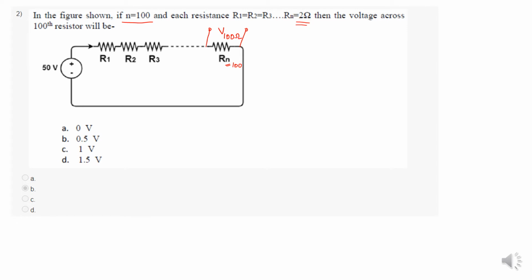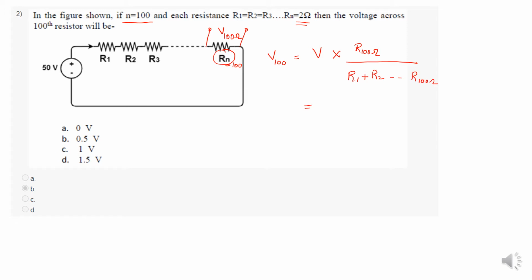So V100 is equal to, here I have to use the voltage division technique. V, that is the total voltage, into the same resistance, R100 ohm, divided by the total resistance from R1 to R100 ohm.